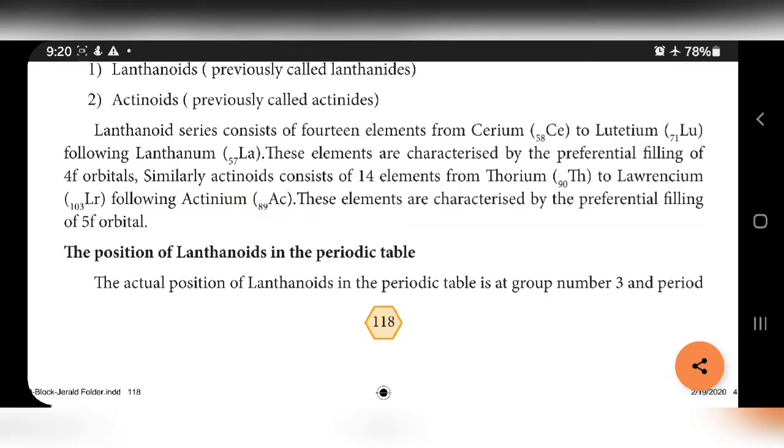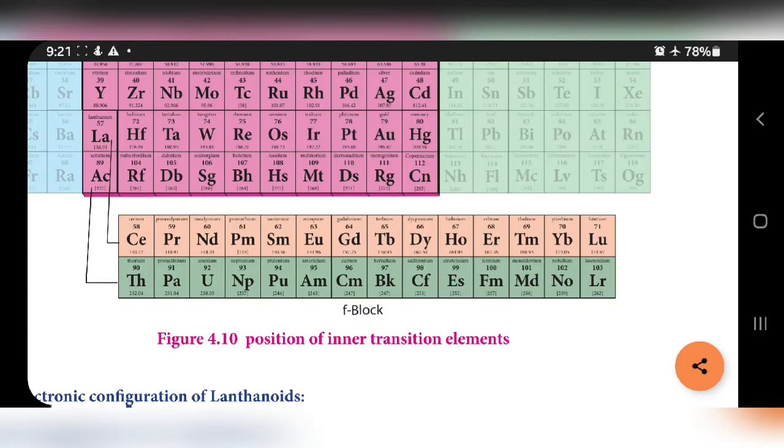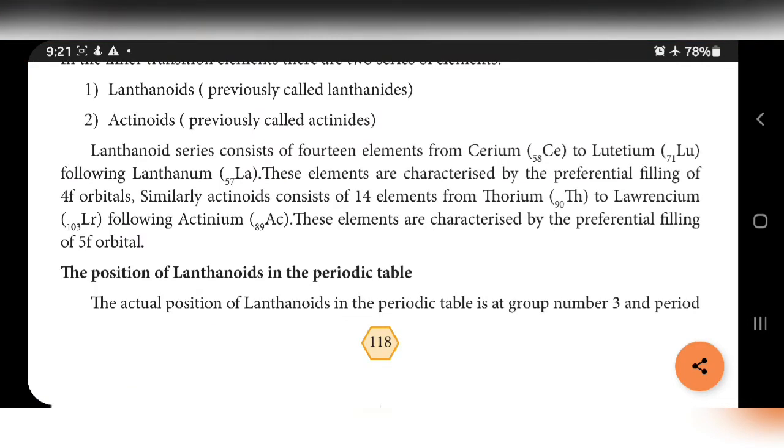Lanthanoid series consists of 14 elements from cerium to lutetium, following lanthanum.